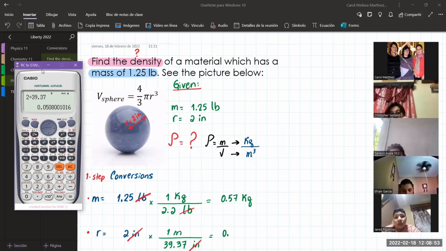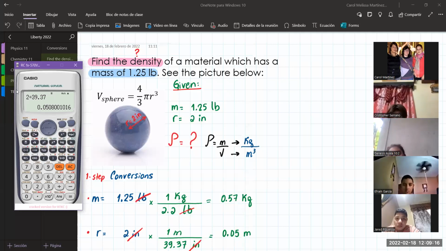So only 2 decimal places. The next number is a 0, so I don't need to round. Because I don't need to round, this is going to be my final answer, and this is in meters.